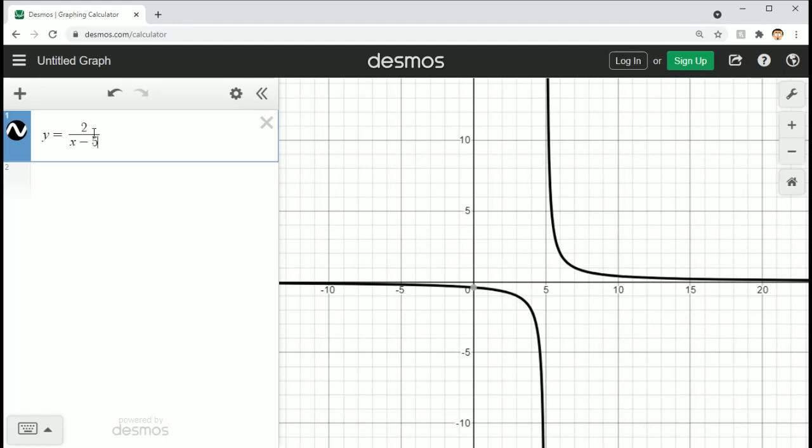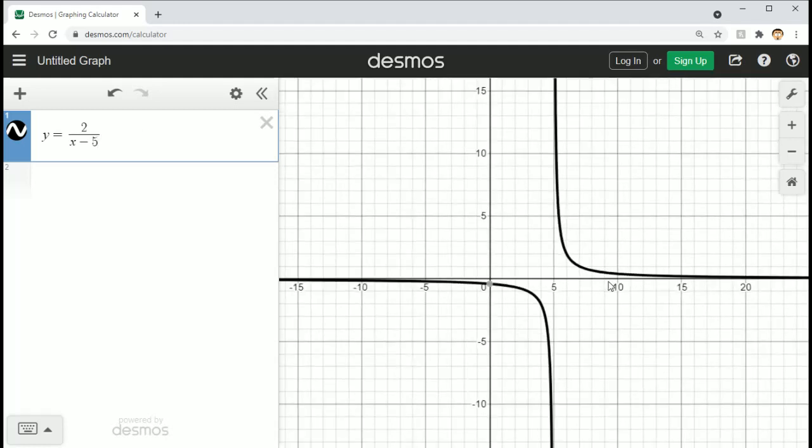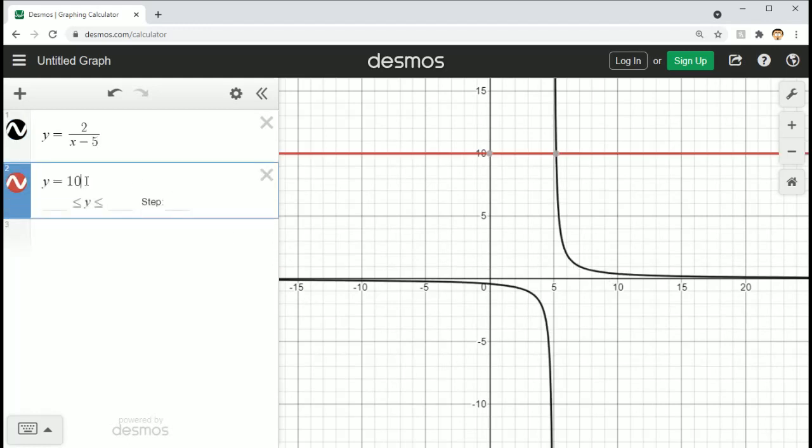And that gives me this graph. And I want to know where it's less than 10. And it looks like it is less than 10 for any x value bigger than 5.2.